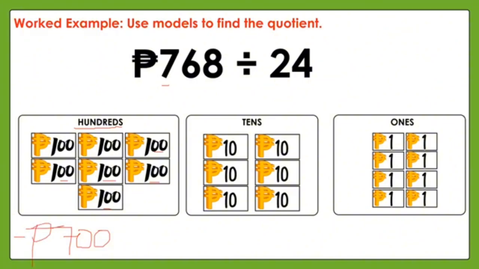Next, for tens, we need 60 pesos. 10 pesos, 20 pesos, 30 pesos, 40 pesos, 50 pesos, and 60 pesos. And for ones, we need 8 pesos. 1 peso, 2 pesos, 3 pesos, 4 pesos, 5 pesos, 6 pesos, 7 pesos, and 8 pesos. Therefore, we have 768 pesos.